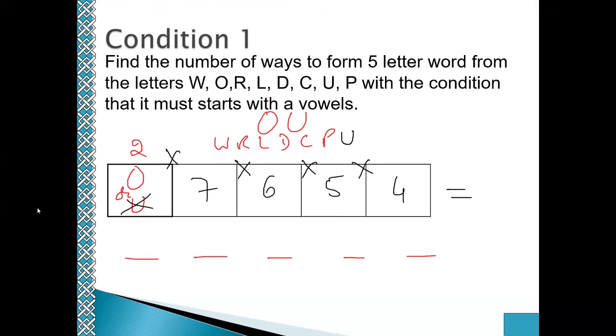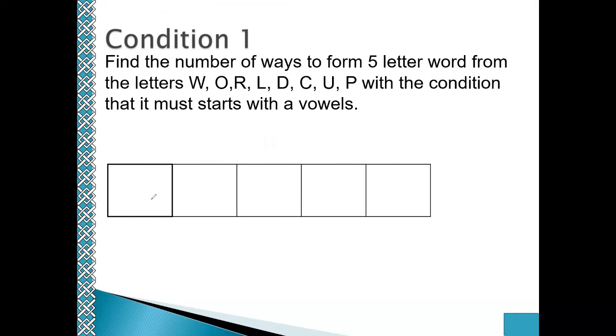Okay, so let's start filling like this. Either O or U. I can go with O or I can go with U. So in how many ways can I fill up the first place? 2 ways.